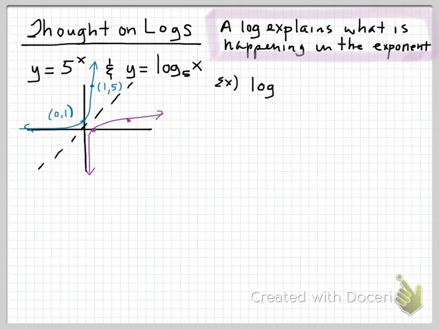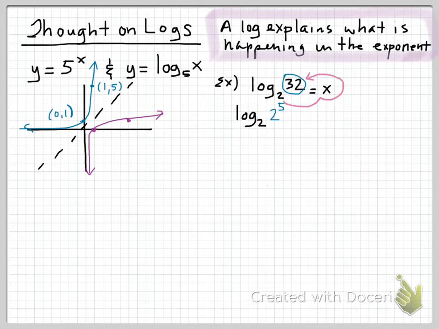All right, and just some quick examples for us to review what a log is. So if I asked you, what is log base 2 of 32 equal to? A lot of people do this thing where they do 2 to the x equals 32. So really, what is happening in the exponent of 2 to give me 32? You can do it that way, but again, I prefer not to because as the math gets more advanced, I like to look at it a different way.